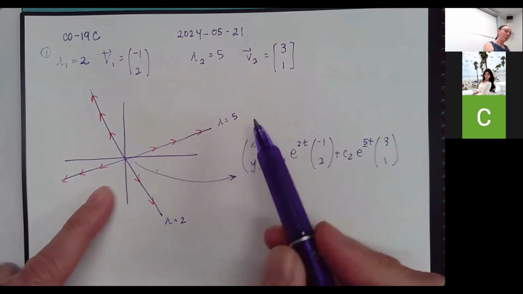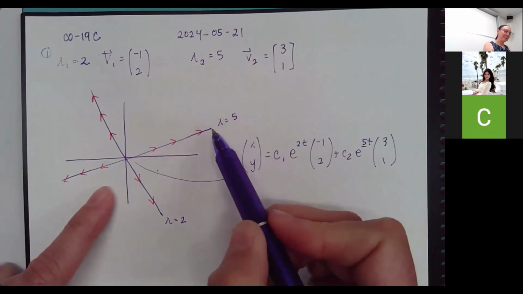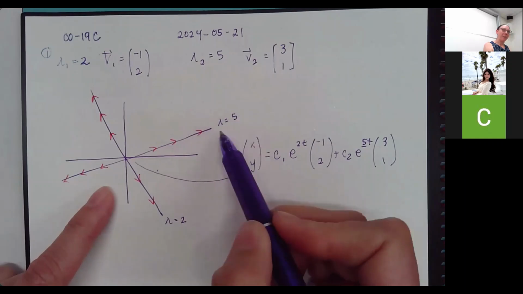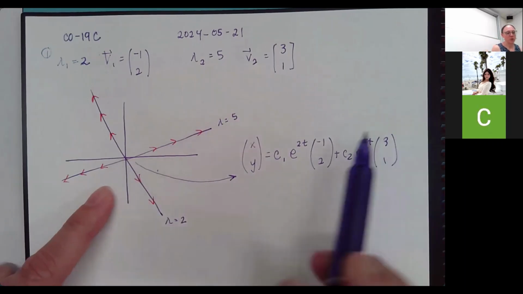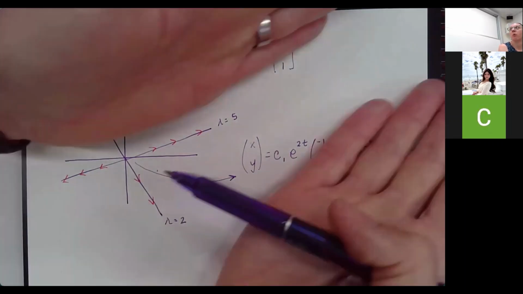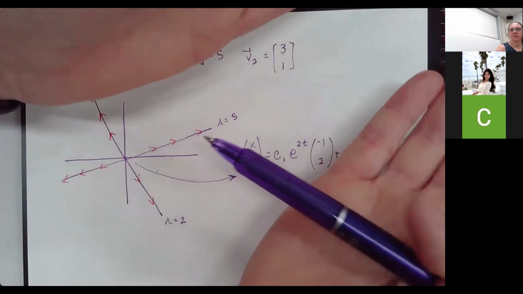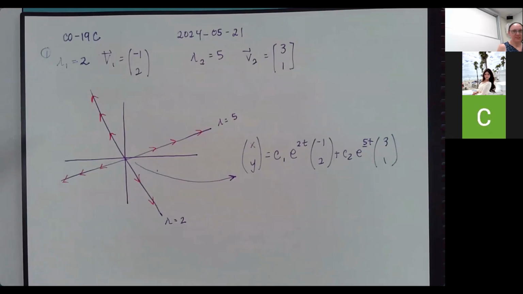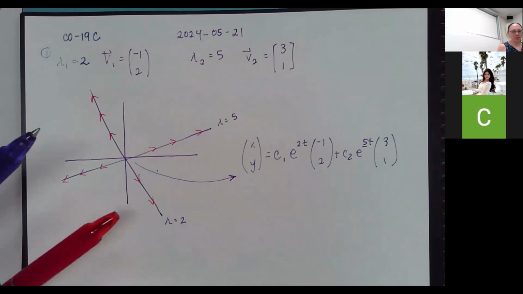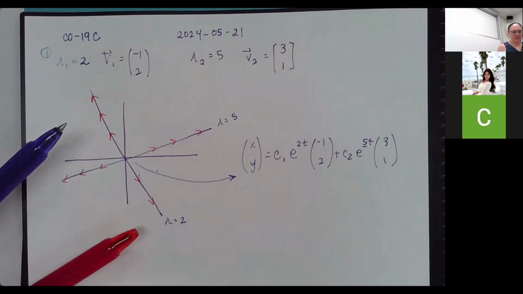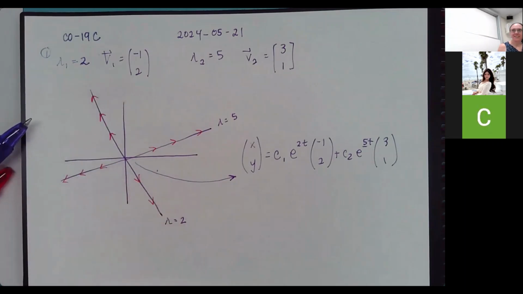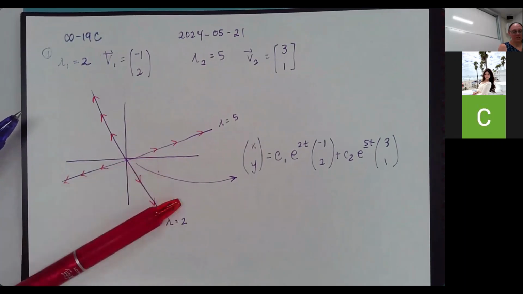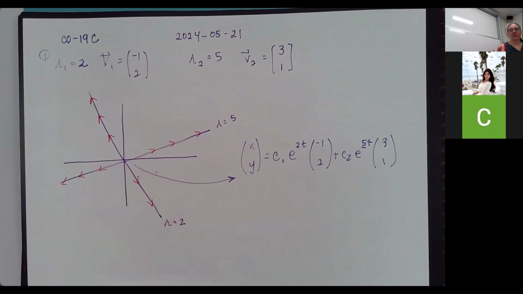Because my long-term behavior is going to be dominated by my lambda of 5. So my long-term behavior, I'm going to get pushed sort of in this direction more strongly. So if I imagine my arrows as pushing me around in the current, then I've got a little bit of push to the right, or sorry, I am currently standing at a weird angle.